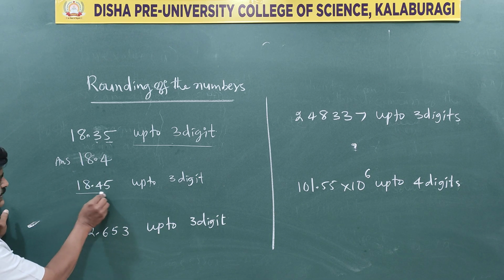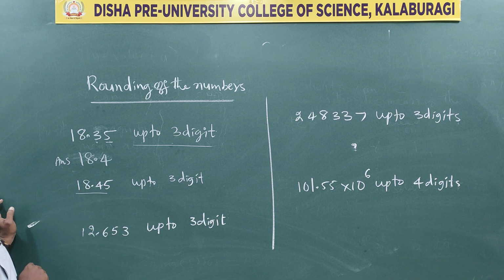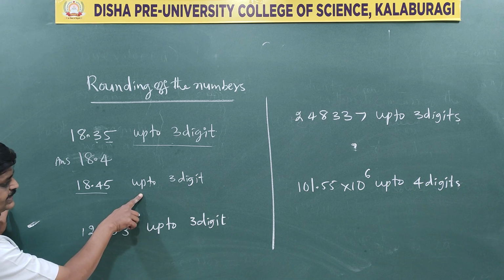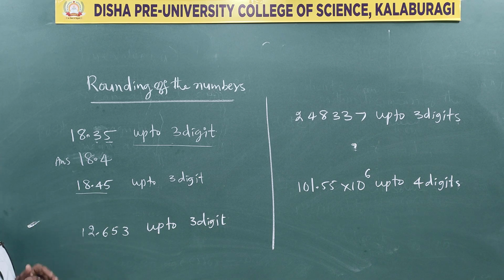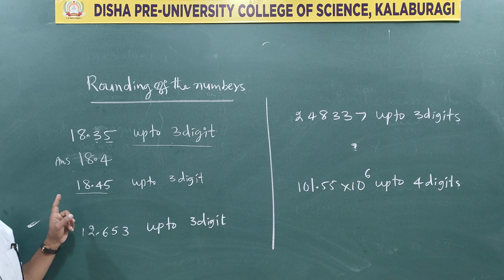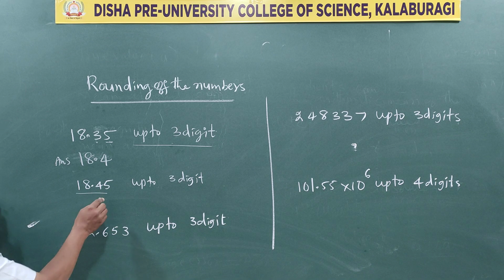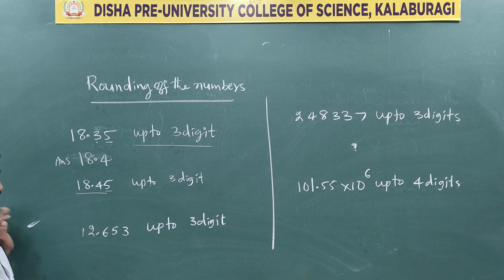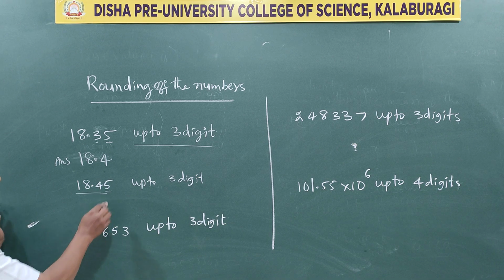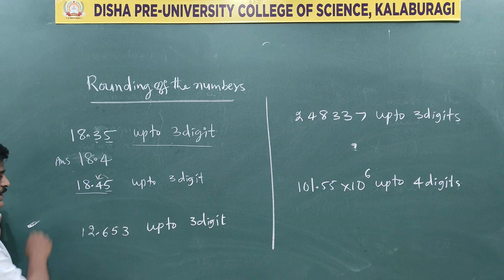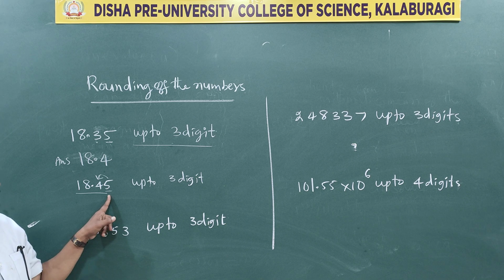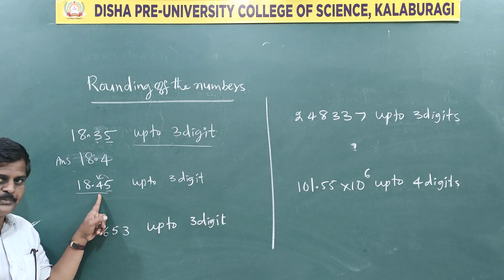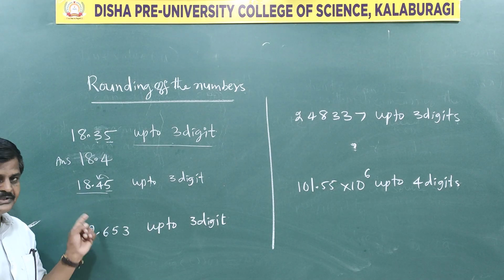Now coming over to this. Just see the same story. Here also you are asked to round it off up to 3 digits. Presently the number has 4 significant figures. Now I have to drop the ending 5. But just see the preceding number. If ending 5 is about to be dropped, when you are focusing on the preceding number, if it is even, what is the rule?